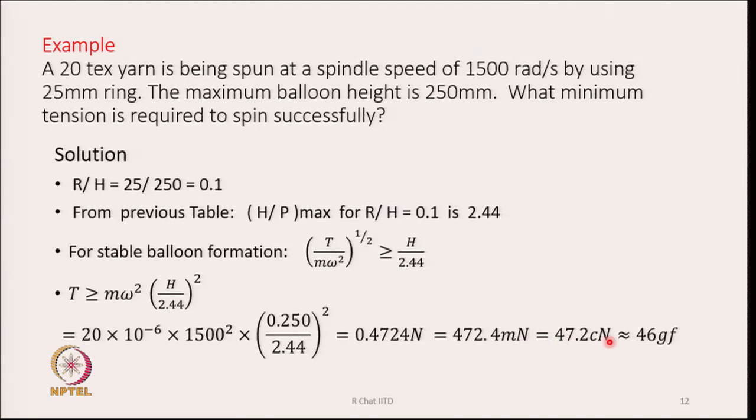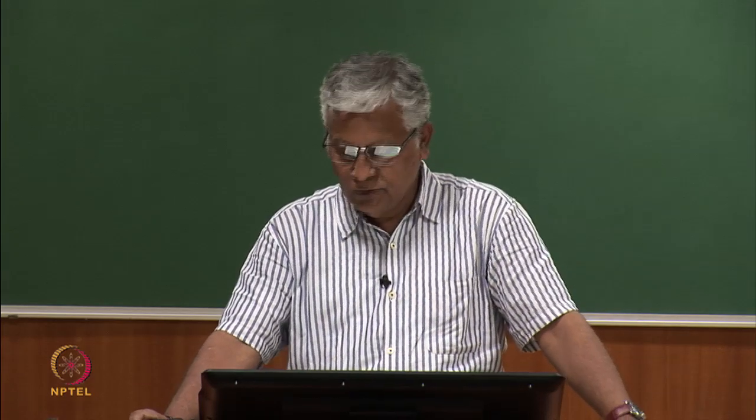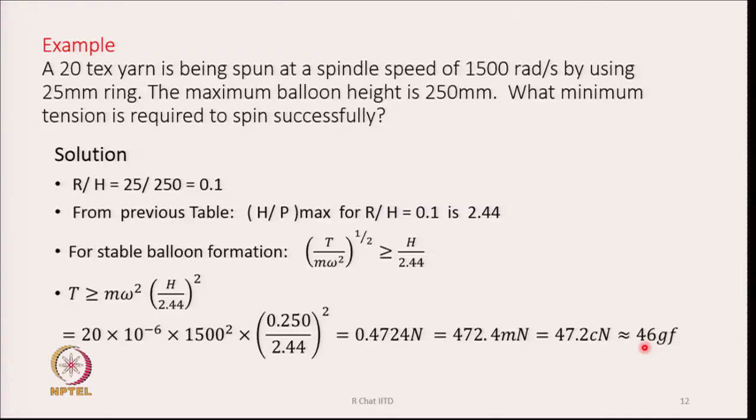In terms of millinewton, it will be 472 millinewton, 47.2 gram force. That means, in this situation we need tension to be generated which should be at least 47 gram force, or 472 millinewton, to be able to spin the yarn successfully. It should not be less than this.